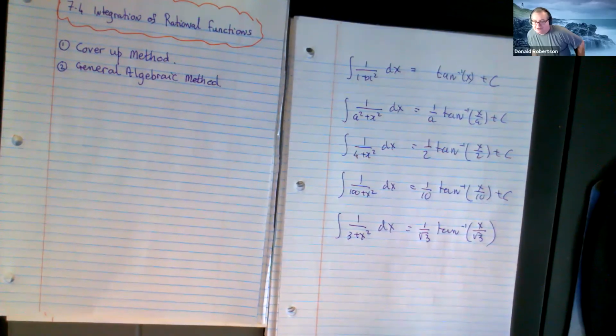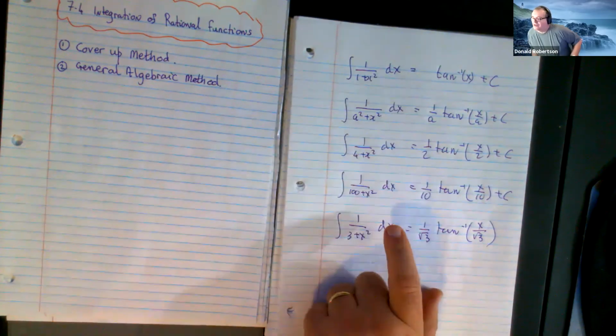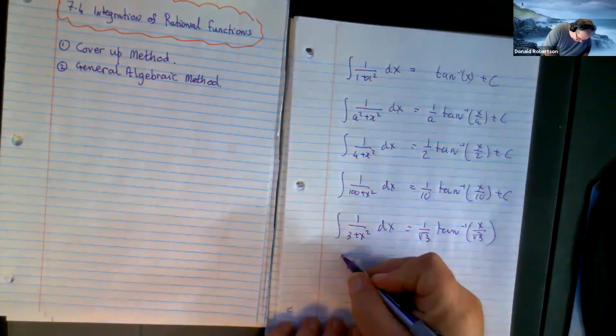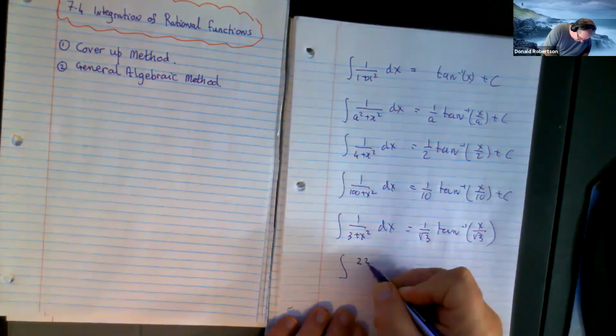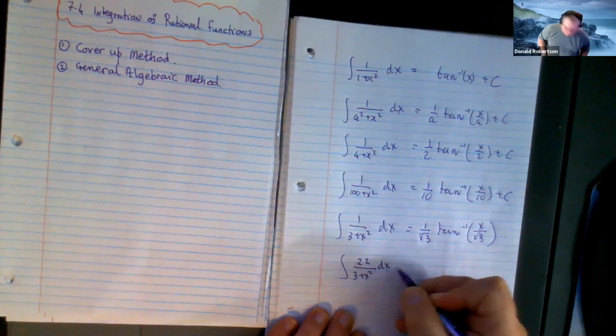And so basically, can't we now integrate 1 over any number plus x squared? Right. So we used to know that, but now we know this. What would be the effect of putting a number like 22 on the top?